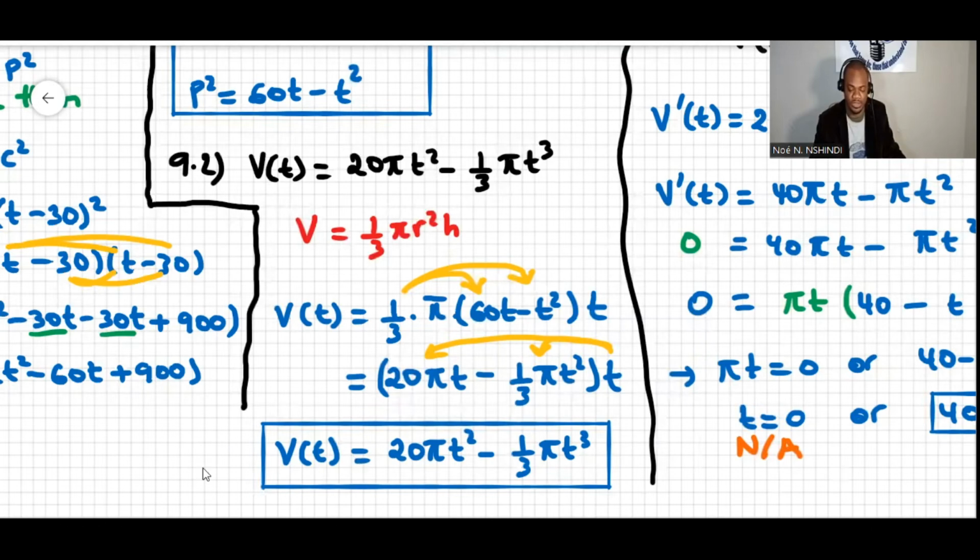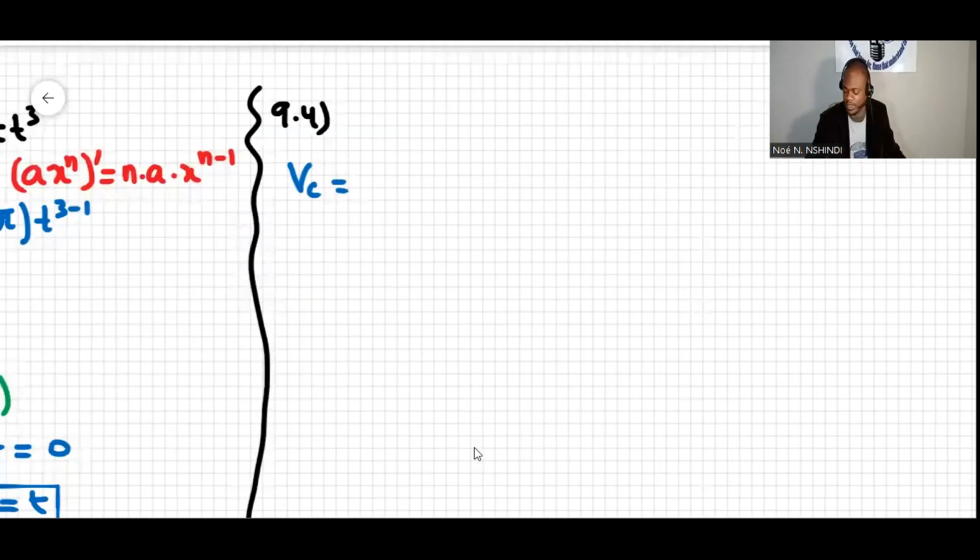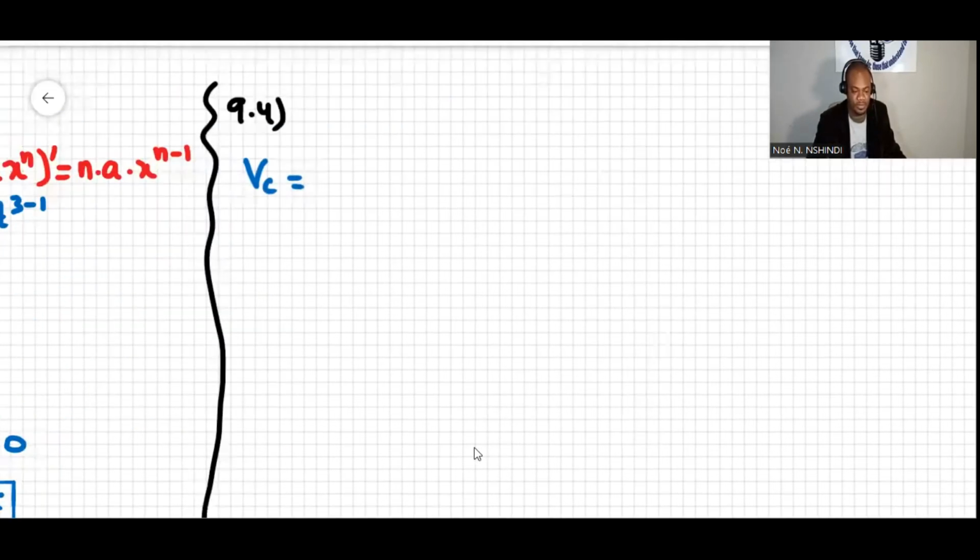So we had 20 pi t squared minus 1/3 pi t to the power of 3. Now we're going to sub in 40 for t, VC of t.